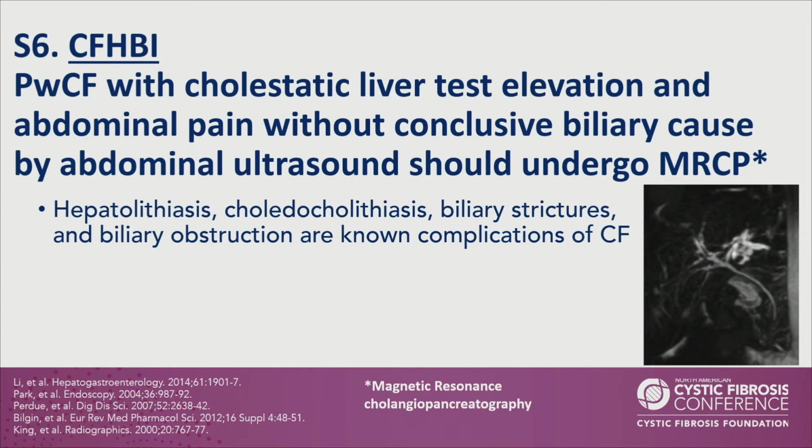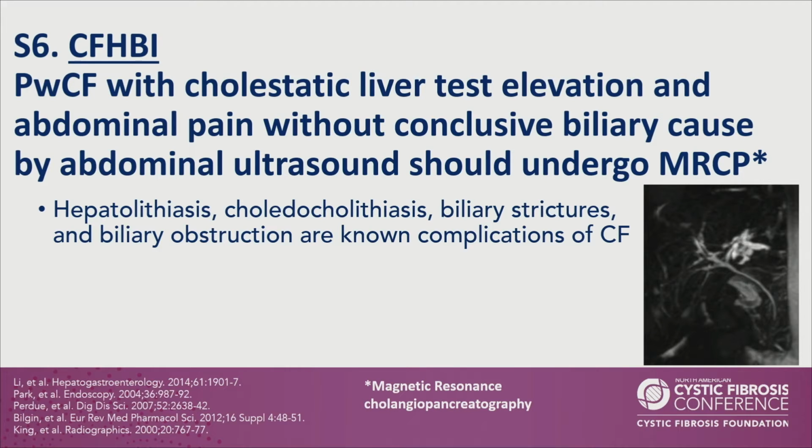The last statement then is that persons with CF who have cholestatic liver test elevation and abdominal pain, but have an inconclusive biliary exam through ultrasound, should receive an MRCP, which is a magnetic resonance cholangiopancreatography. We know and are beginning to realize more the burden of stones and hepatolithiasis, choledocholithiasis, and biliary strictures.